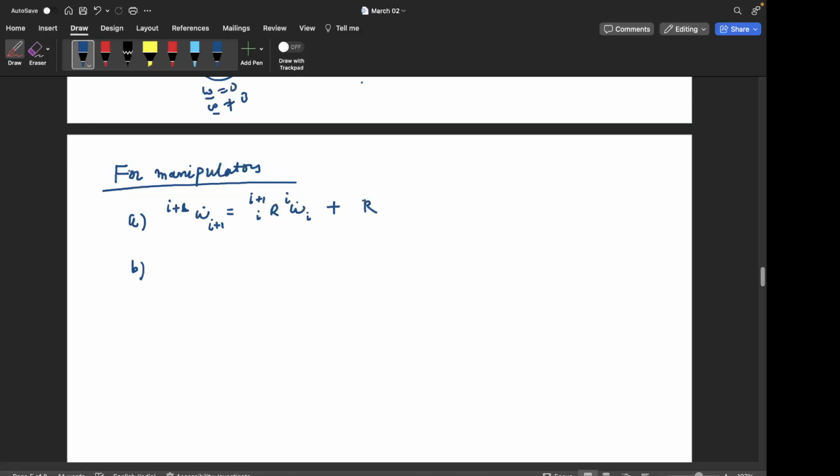Then there would be contribution due to the angular acceleration and angular velocity of the I plus 1th joint.